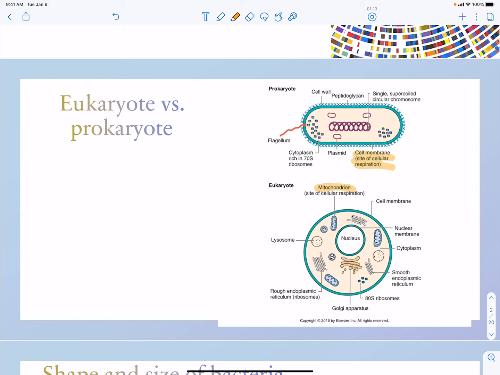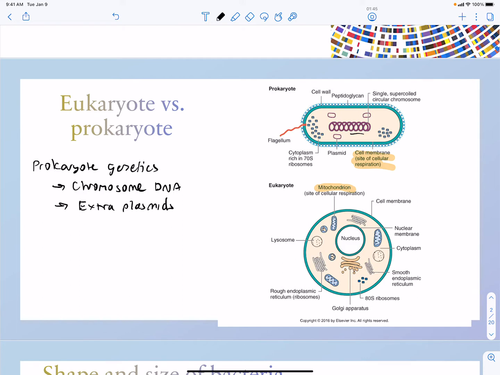Now, prokaryotes also are going to have genetic material that's a little bit different than eukaryotes. So prokaryote genetics is going to include the chromosome, which is typically here the DNA, of course, plus any plasmid, so extra plasmids.